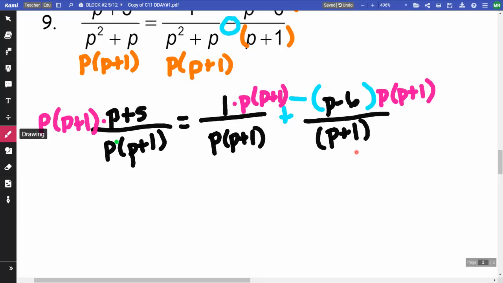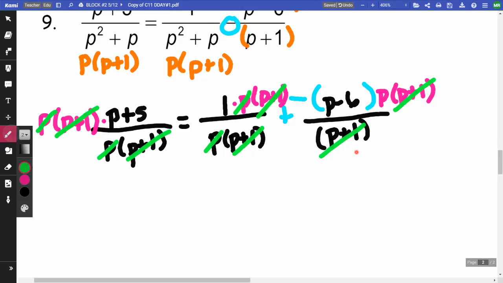So this p and p, this p plus 1, this p plus 1 cancel. On the other fraction, this p, this p, this p plus 1, this p plus 1. Over here, the p plus 1 and p plus 1. And now I have no denominator, so I'm going to be left with p plus 5 is equal to 1.